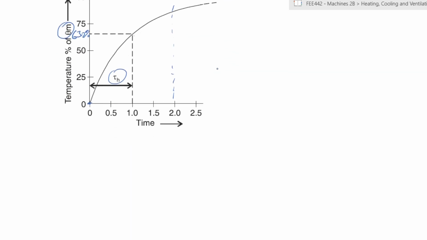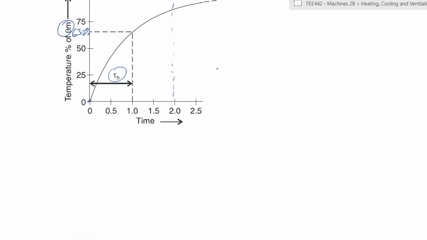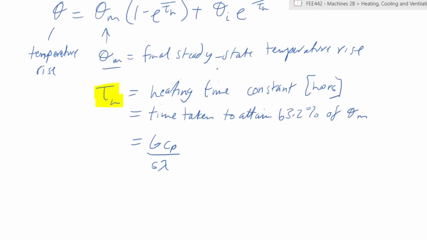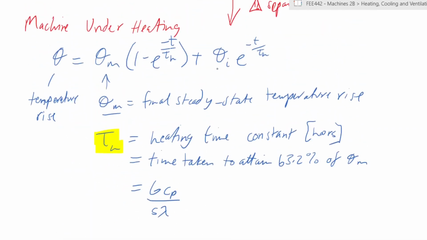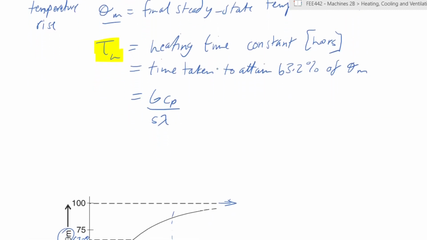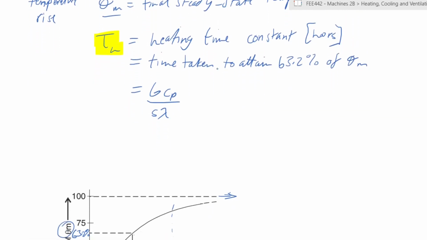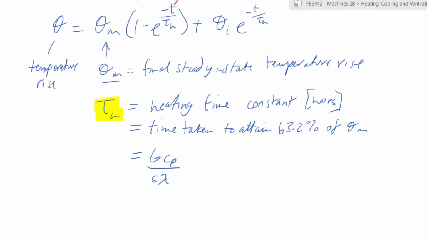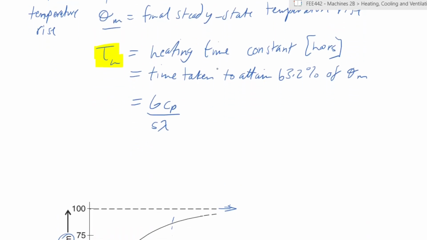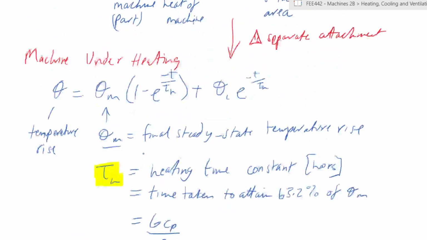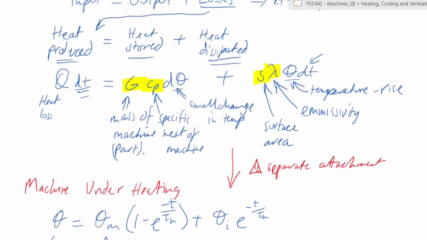Now, one interesting characteristic of this that you will notice is that the temperature as it rises has a certain relationship with the specific surface area. Now, the heat itself, the heat that is rising, is proportional to the mass of the machine and its specific heat.